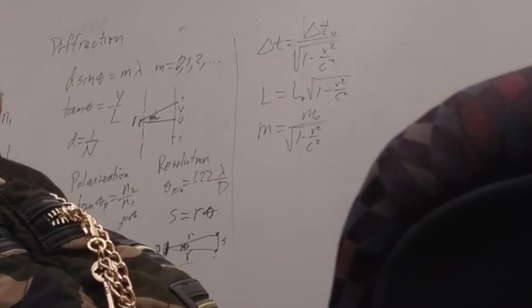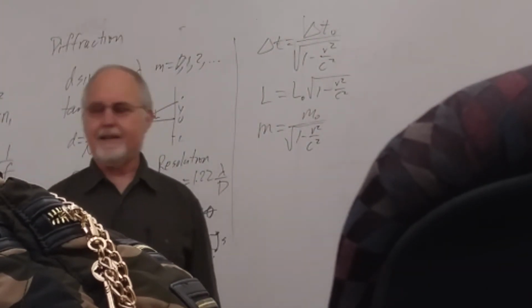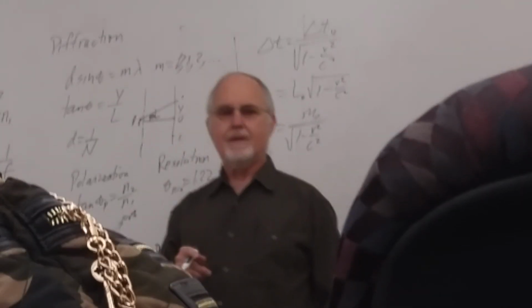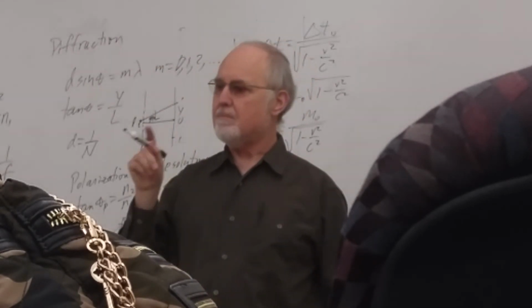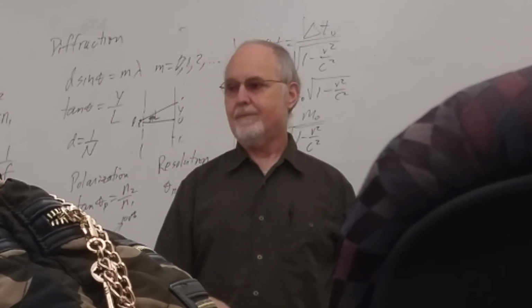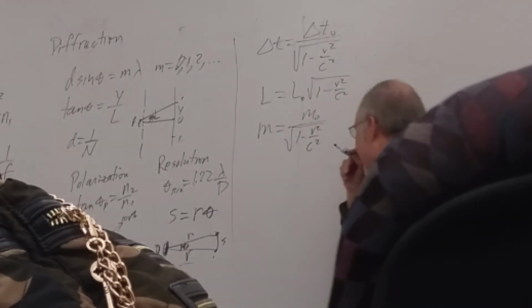So you can't really say that L is always this and L naught is always that. It just depends on whose reference frame you're looking at it from. But the stationary reference frame always says that the moving reference frame's lengths are shorter than what the moving reference frame says they are.